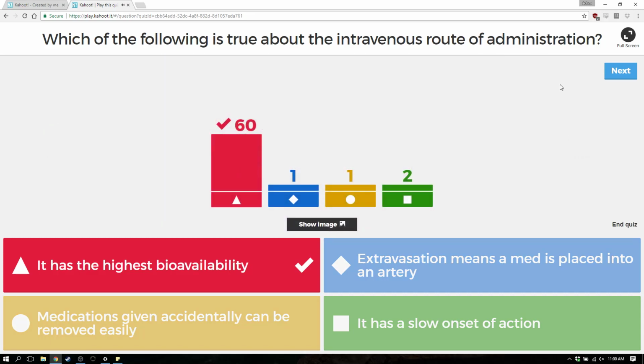Right. Why is that true? Well, it's going right into the vein, so you don't have to worry about it not being well absorbed, because it's all going straight into the system. So it would have the highest bioavailability. Again, eventually it'll get metabolized by the liver, but it really doesn't have that first pass effect like you would see with oral administration, right?